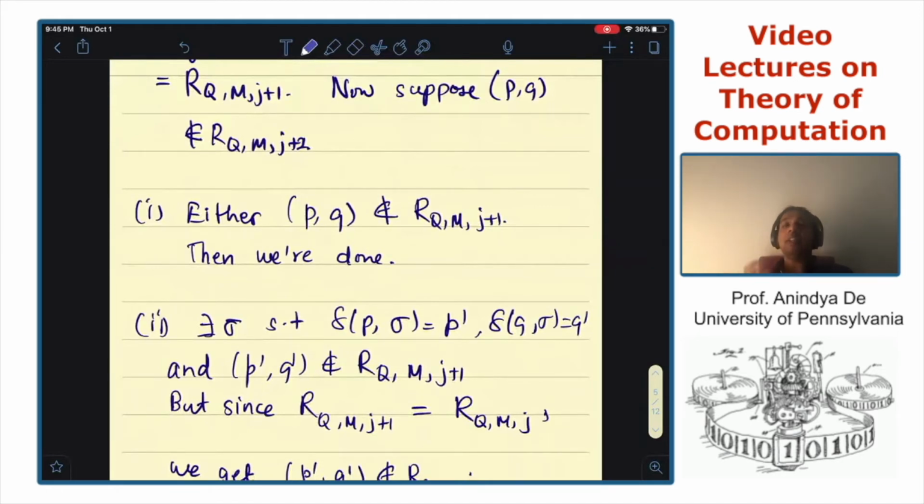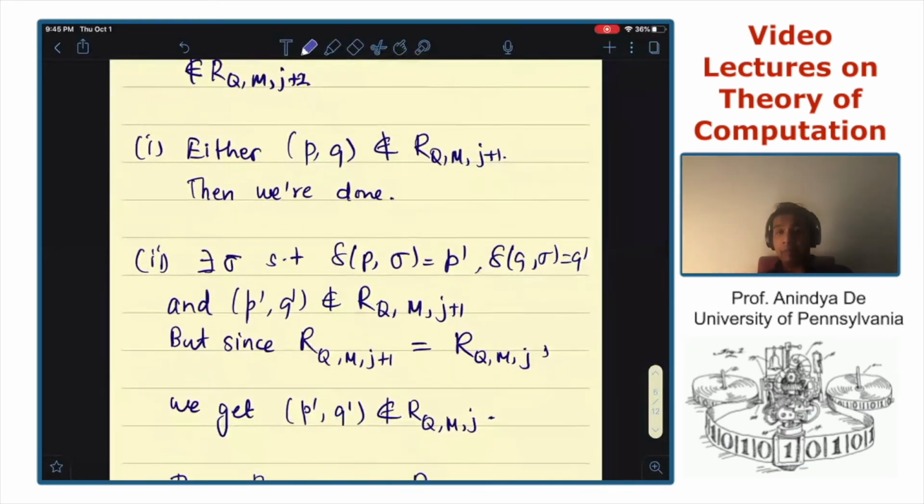But observe that by our hypothesis, R_{Q,M,j+1} is the same as R_{Q,M,j}. So P prime and Q prime will also be in different equivalence classes with respect to R_{Q,M,j}.